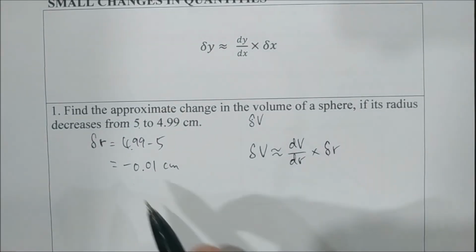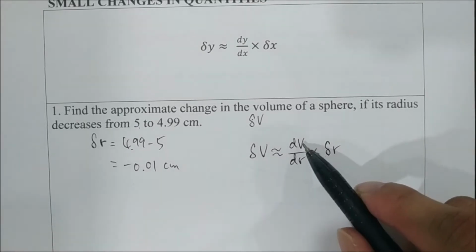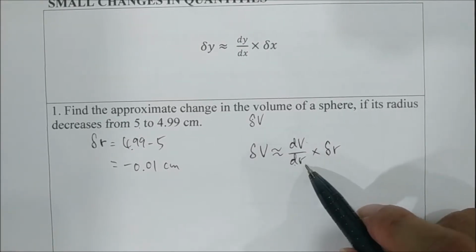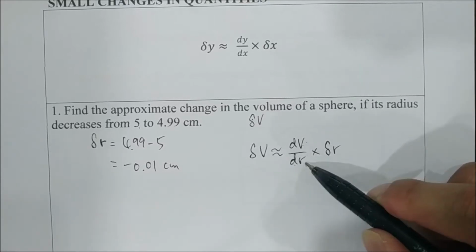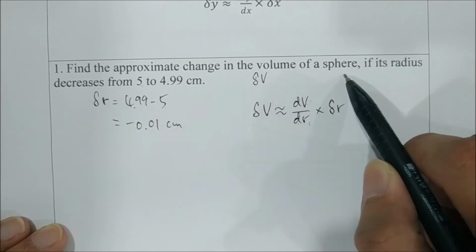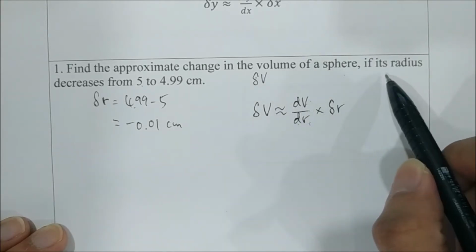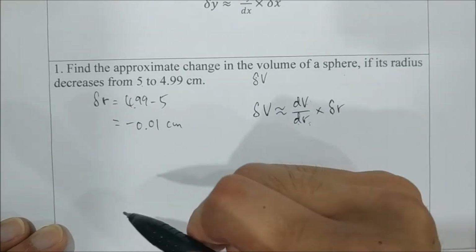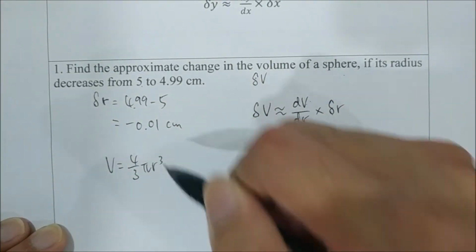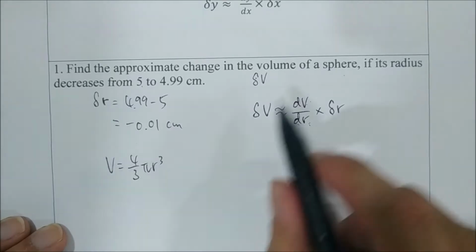Since we already have a value for delta r, we only have to find the value of dv/dr. To find dv/dr, first we need to find the relation between v and r. Since v is the volume of a sphere and r is the radius, to relate this we use the formula v equals 4/3 pi r cubed. This is the formula for the volume of a sphere.